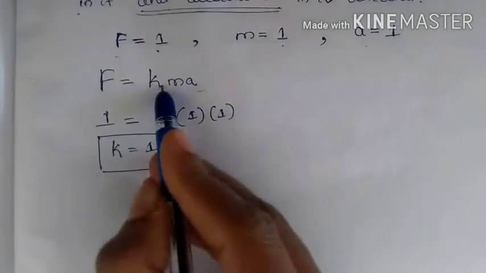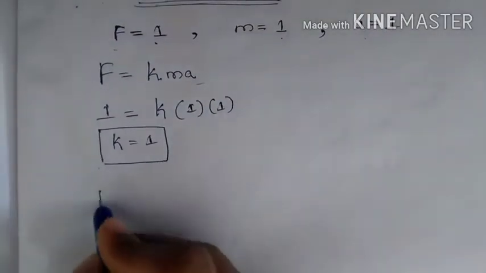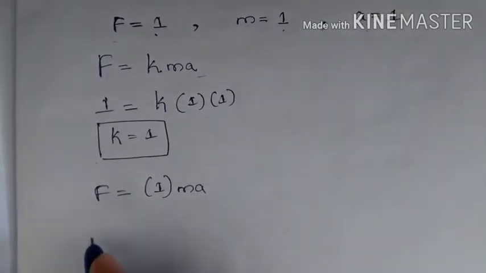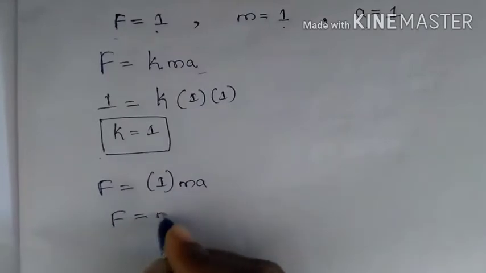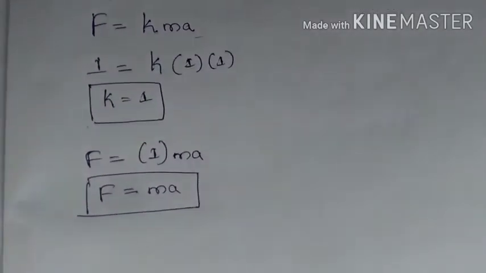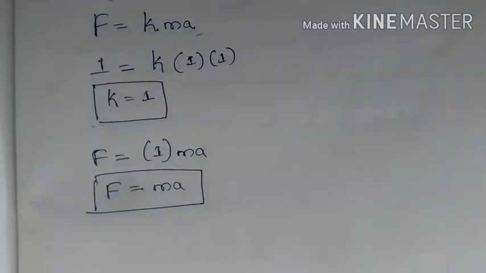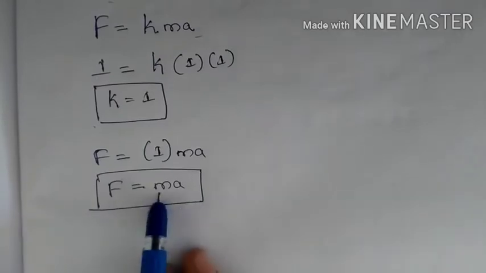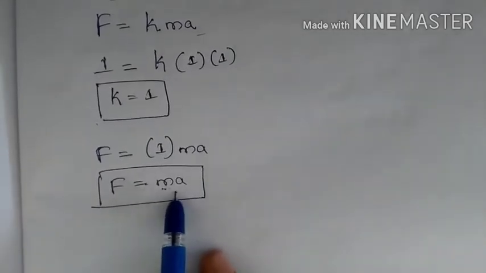Substitute this value of K here. So what will you get? F is equal to 1 into MA. So that means F is equal to MA. So the final equation of force is F is equal to MA. So force is the product of mass of the body and its acceleration.